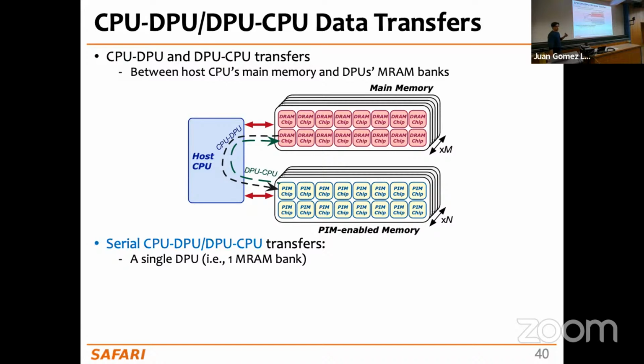You will see that the SDK contains different ways of doing these data transfers, different APIs for different types of data transfers, and you are going to experiment with them in your lab. The first type is the serial CPU-DPU or DPU-CPU transfers. Here, we are only targeting a single DPU. We are copying data from the main memory to the PIM-enabled memory.